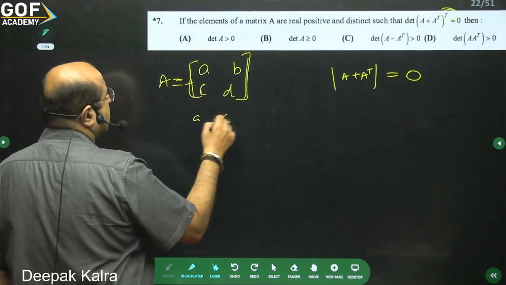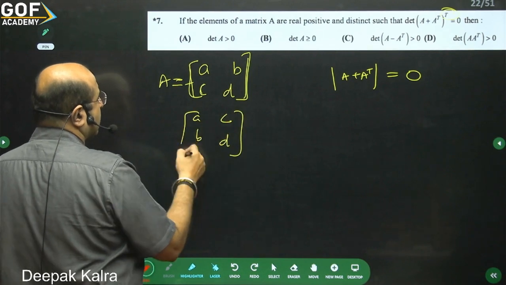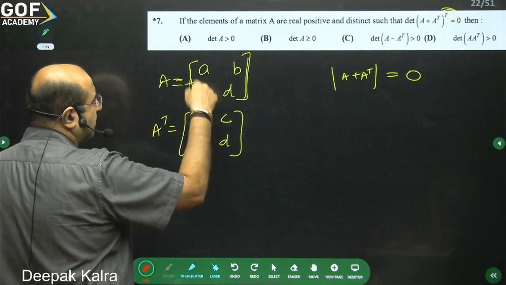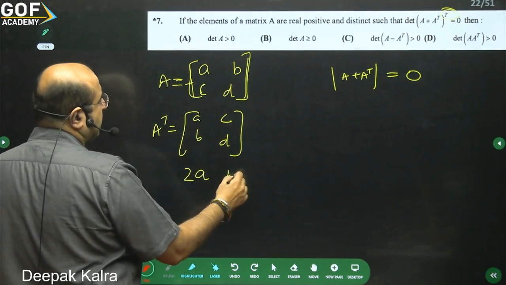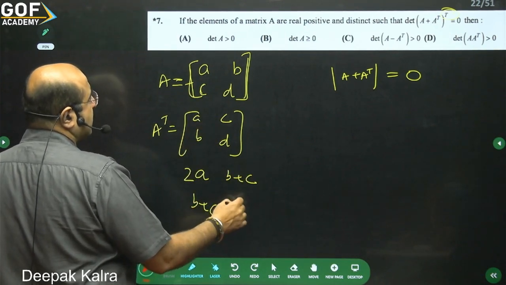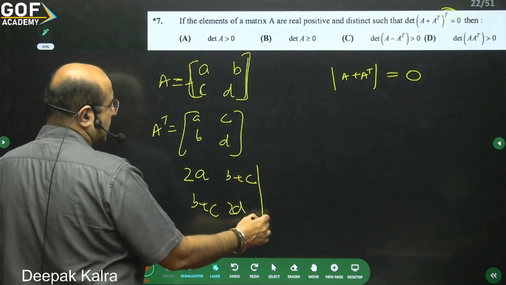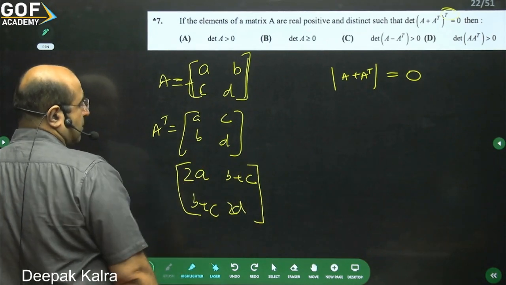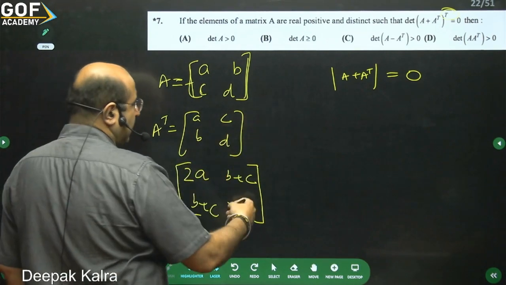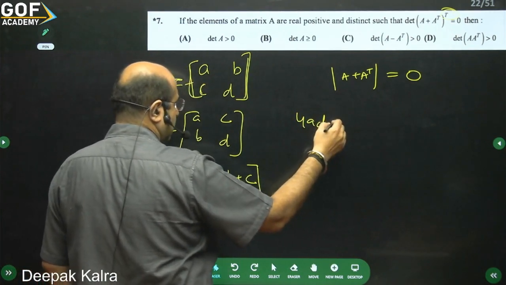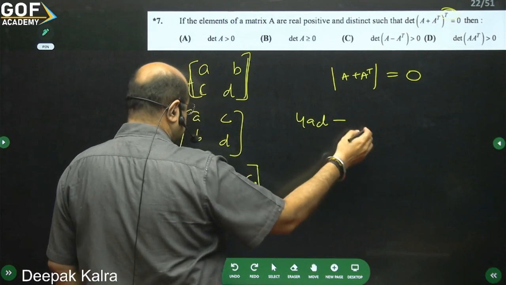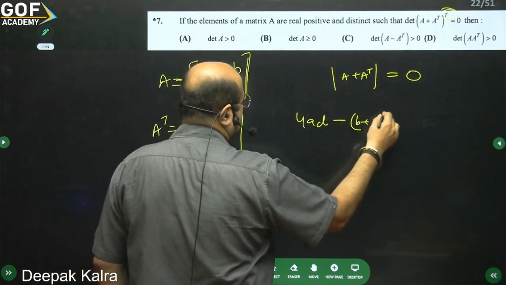So A, C, B, D. And add them up: 2A, B plus C, D plus C, 2D. Do the determinant value and make it 0. 4AD minus B plus C whole square equal to 0.